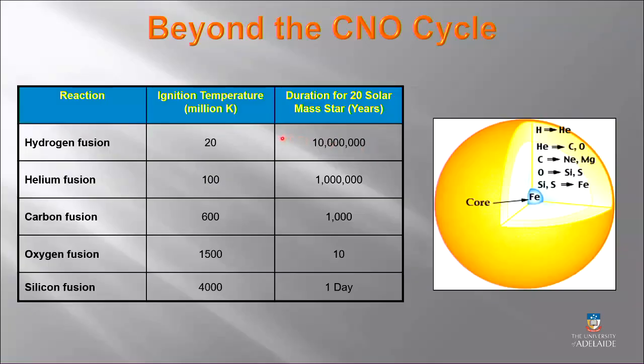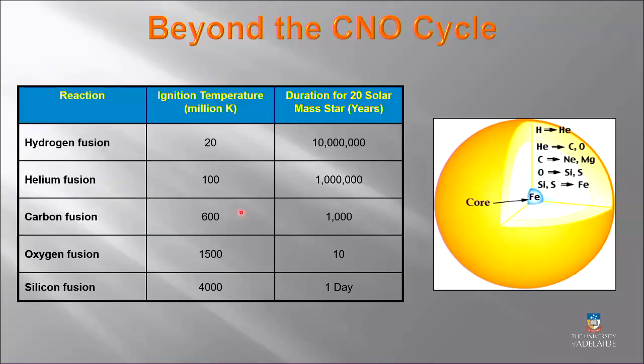Once that runs out, it starts to fuse the helium in the core at 100 million degrees. This lasts for about 1 million years. When that runs out, because it's a more massive star, it's able to produce much higher temperatures in the core. With a solar mass star, it doesn't get hot enough to fuse carbon, but in a high mass star, it does.